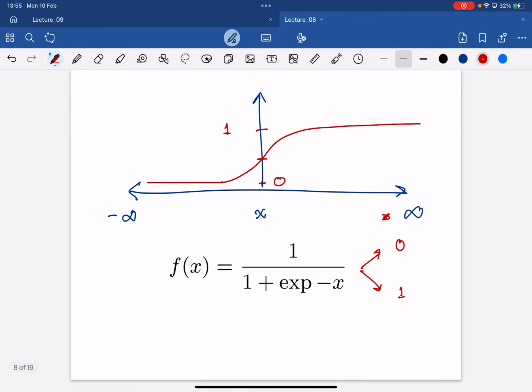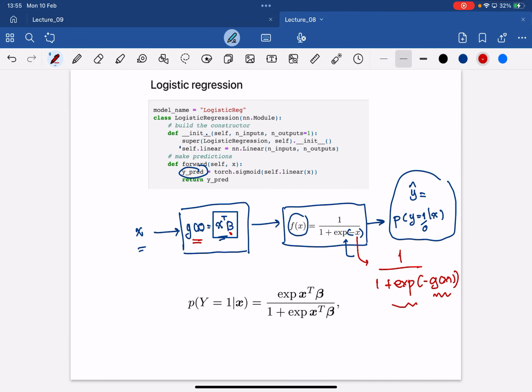If we look back at how we might want to interpret this value y hat here, we say it might look just like the probability of y being 0 or 1 given x. So it looks very similar, in the sense that we have a similar interpretation.